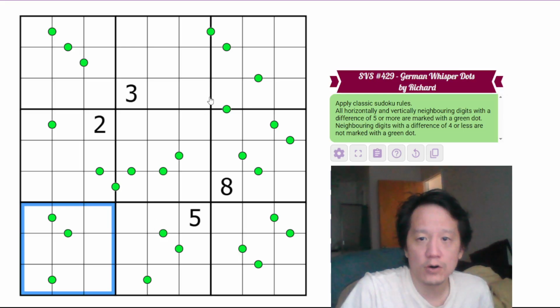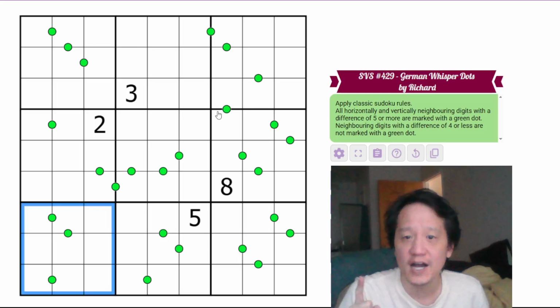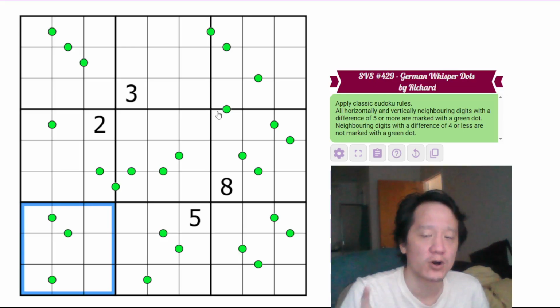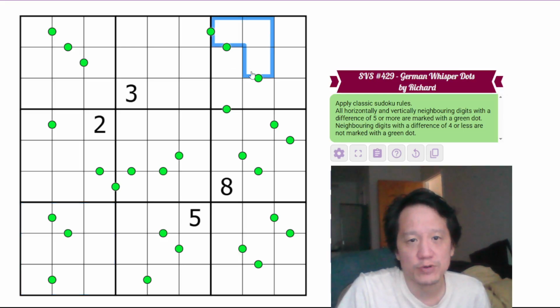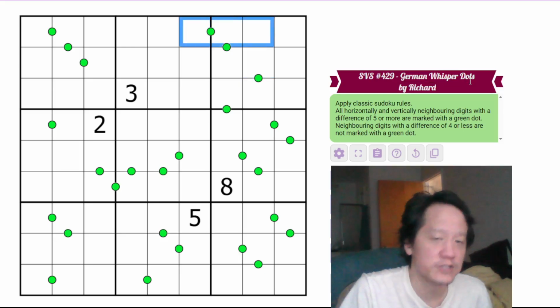All horizontally and vertically neighboring digits with a difference of 5 or more are marked with a green dot. Neighboring digits with a difference of 4 or less are not marked with a green dot. So this acts like German whisper lines, but again, this is German whisper dots.